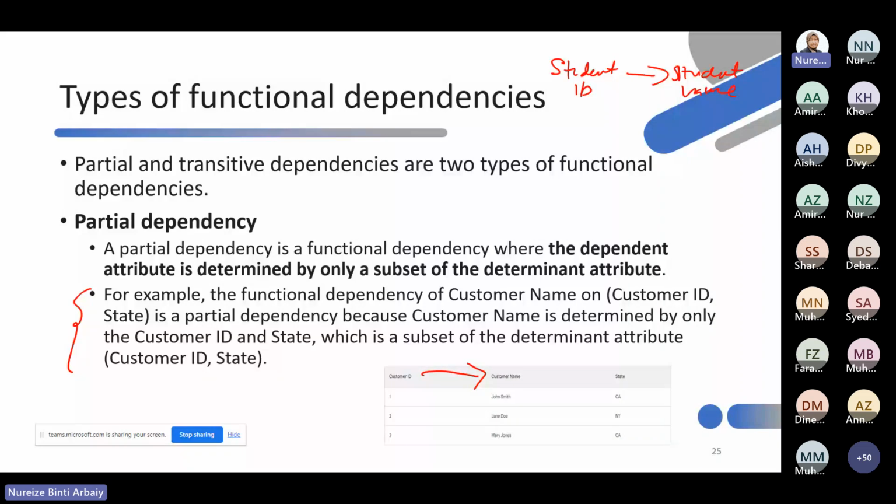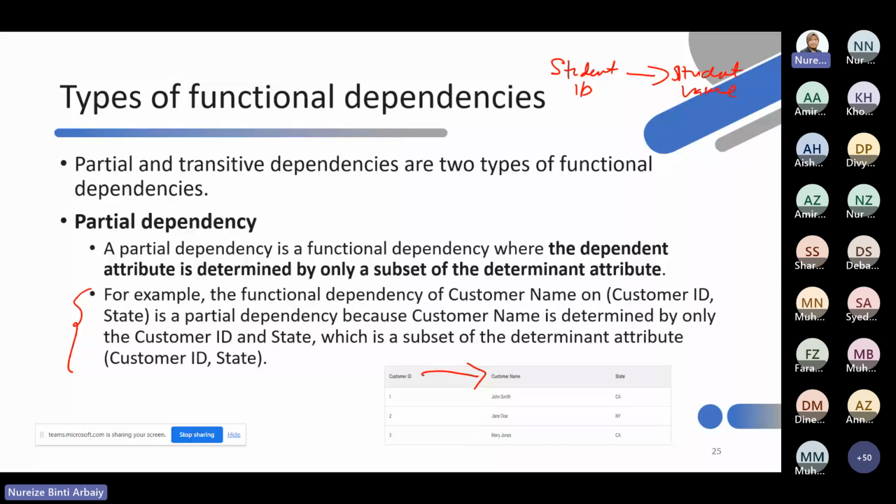So the functional dependency of customer name on customer ID and state is a partial dependency because customer name is determined by only the customer ID and state. So this is a subset of the determinant attribute customer ID and state.